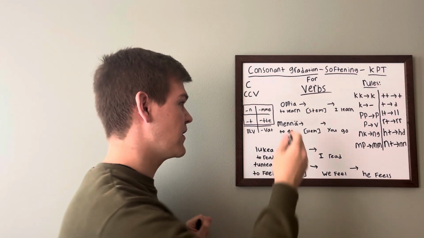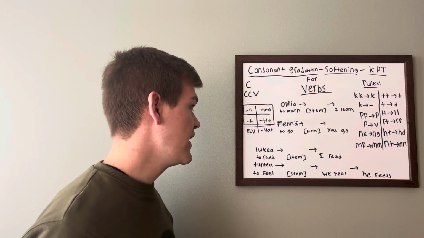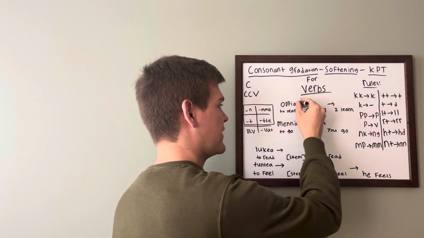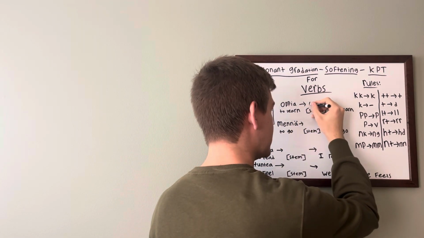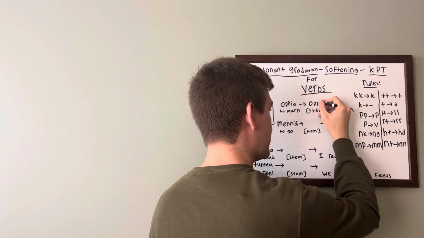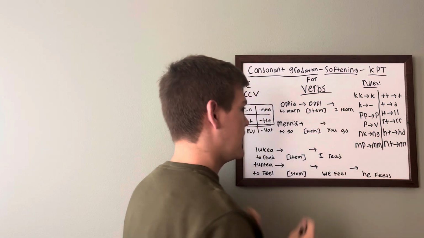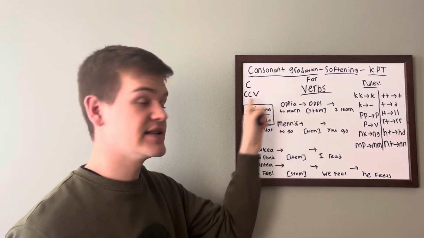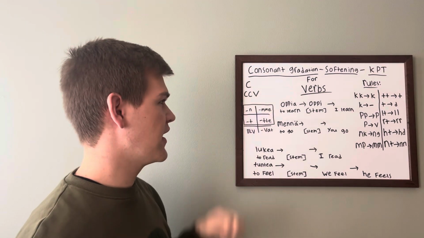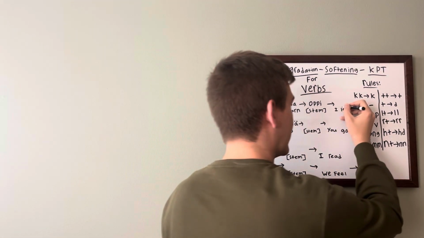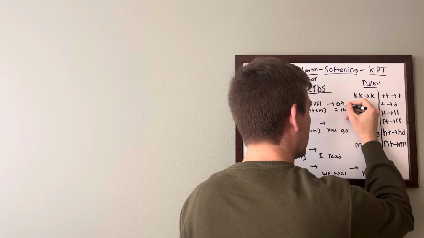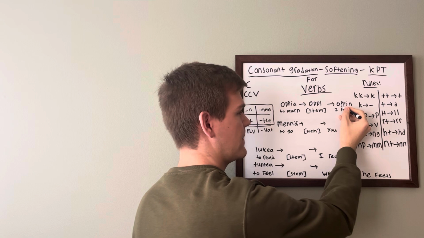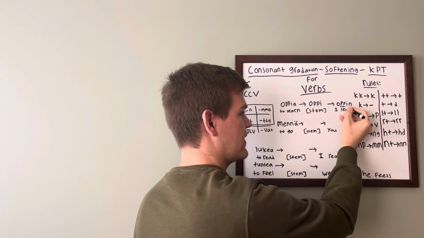So let's start with oppia. This is a vowel A word. To find the stem, we just get rid of the A, which gives us oppi. Now, if we want to say I learn, that means we're going to have to add an N, which is inside of our box. It's just a single consonant. So I can add our N onto there, but then I have to look at the consonants right here.